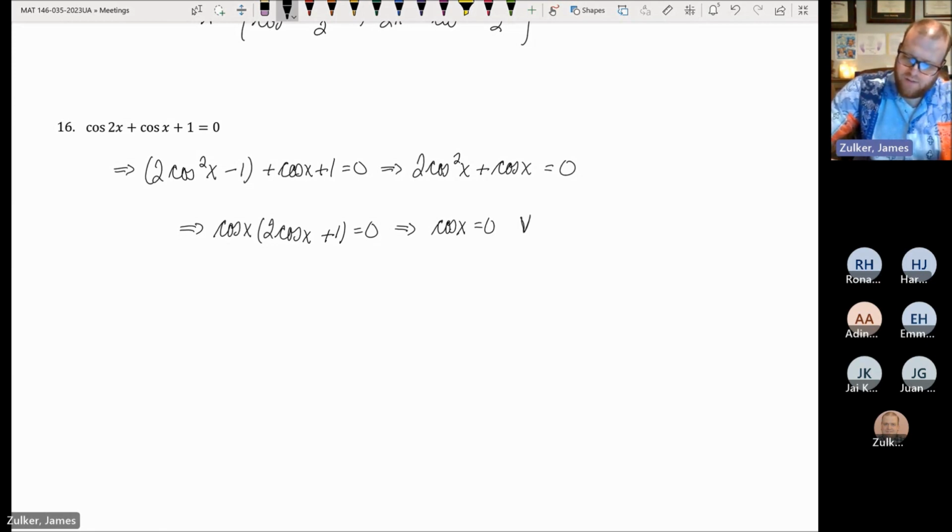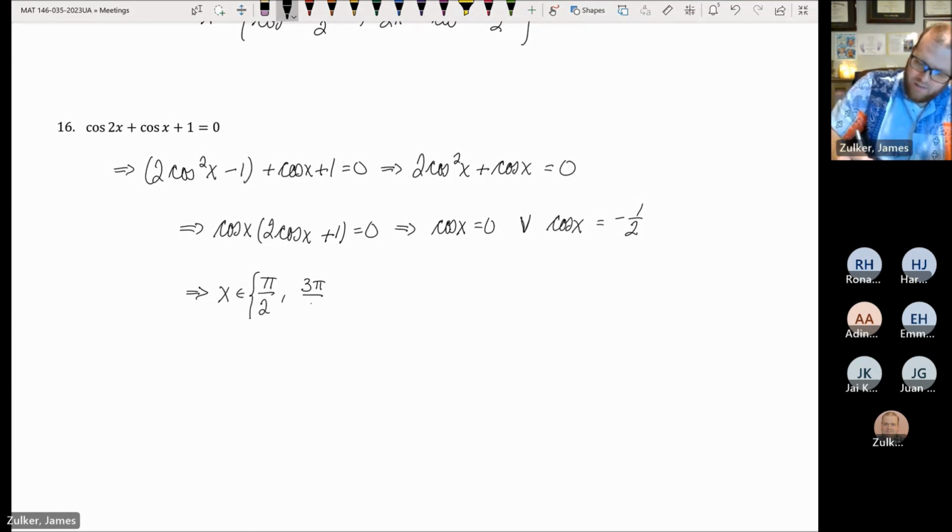Cosine is 0 for cosine is negative 1/2. All right, cosine 0 at pi over 2 and 3 pi over 2.